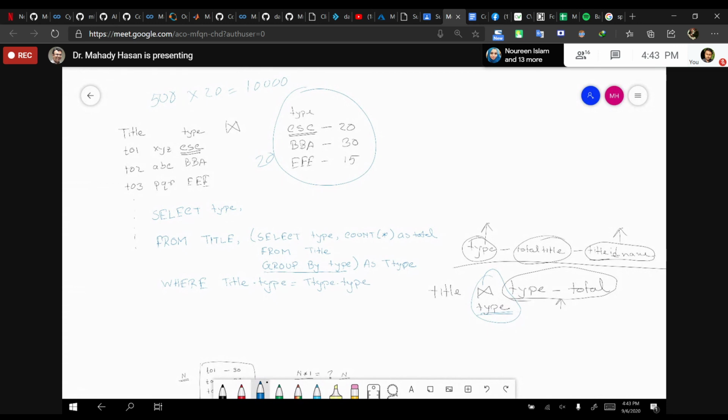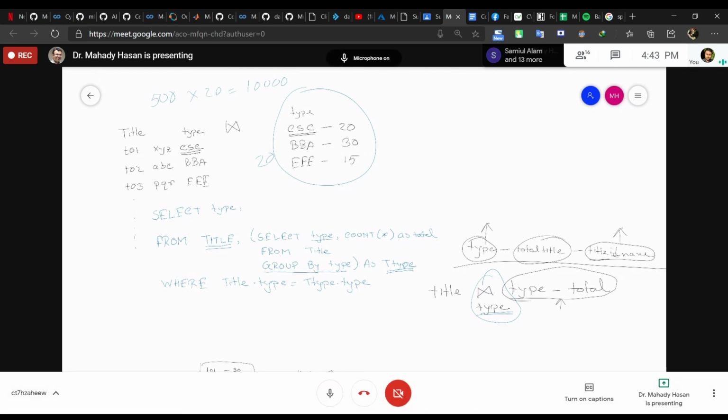So you're joining title's type with T type's type. Make sense? Because whenever we have one tuple CSC, that won't be merged with all of these. It would be matched with only CSC. BBA will match with only BBA. Triple E will be matched with only Triple E. Make sense? Yes, sir.